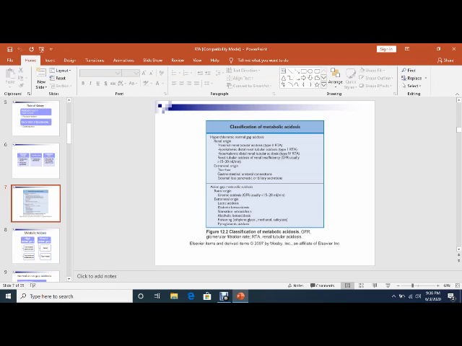In extrarenal origin, the common causes of anion gap metabolic acidosis are lactic acidosis, diabetic ketoacidosis, alcoholic poisoning, starvation, or poisoning due to ethylene glycol, methanol, or aspirin salicylate. So these are the different causes of extrarenal acidosis.